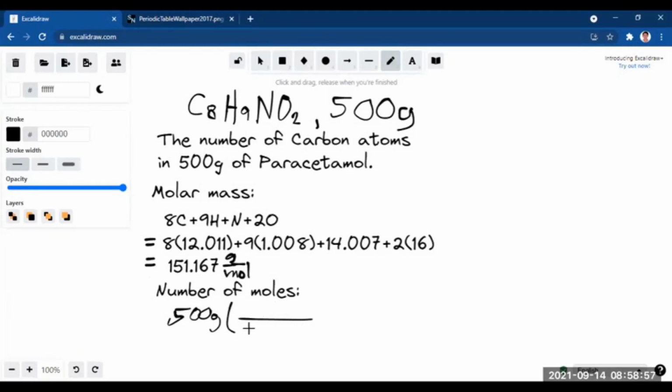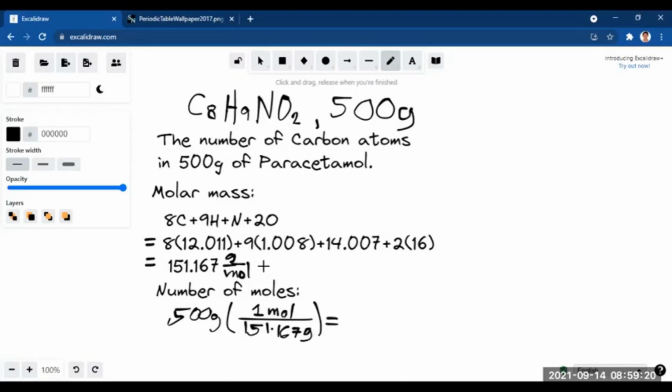So again, we will be canceling grams, so we'll place this in the denominator. So 151.167 grams per 1 mole.